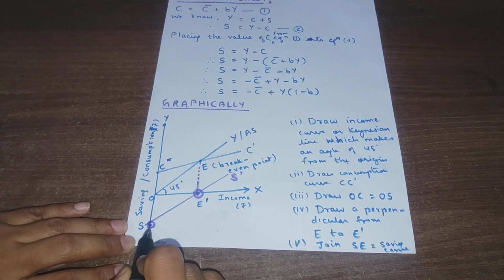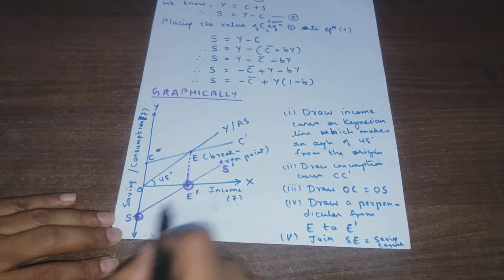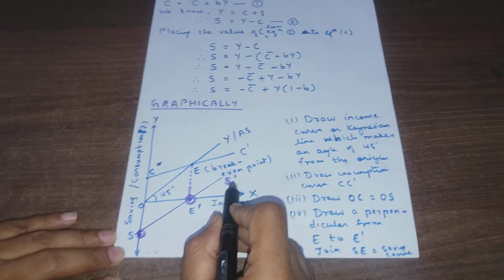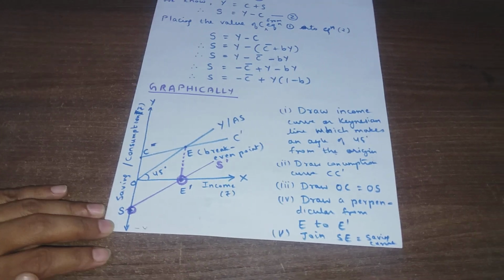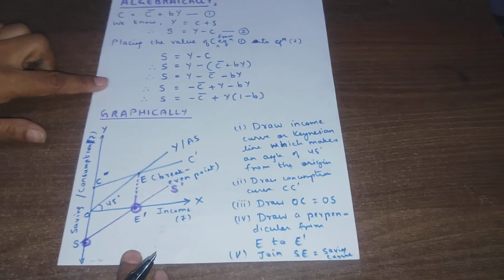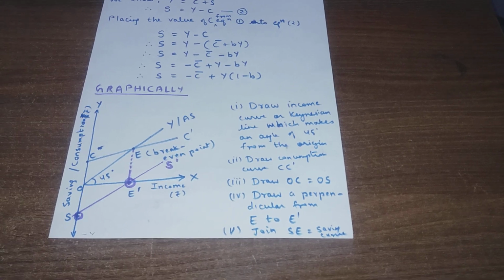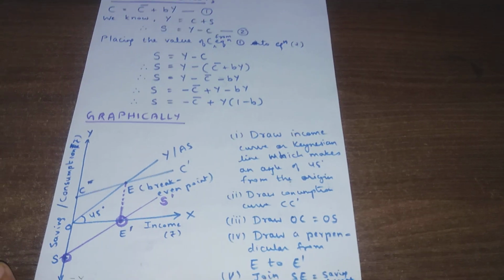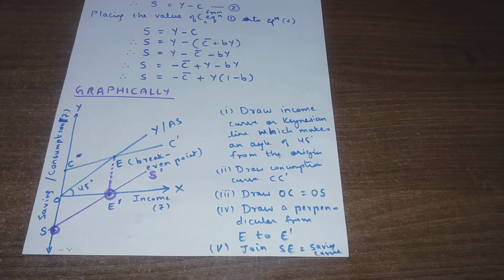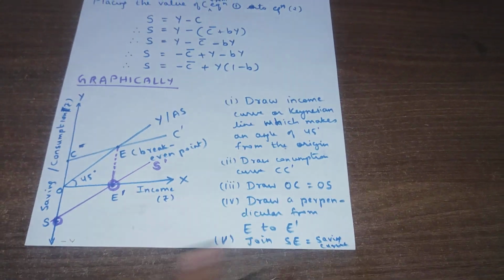So joining this S and E dash, we will get SS dash, which is your saving curve. If you have any doubt, you may clarify during the online classes. I hope it is clear with all the steps. These are the steps of construction.